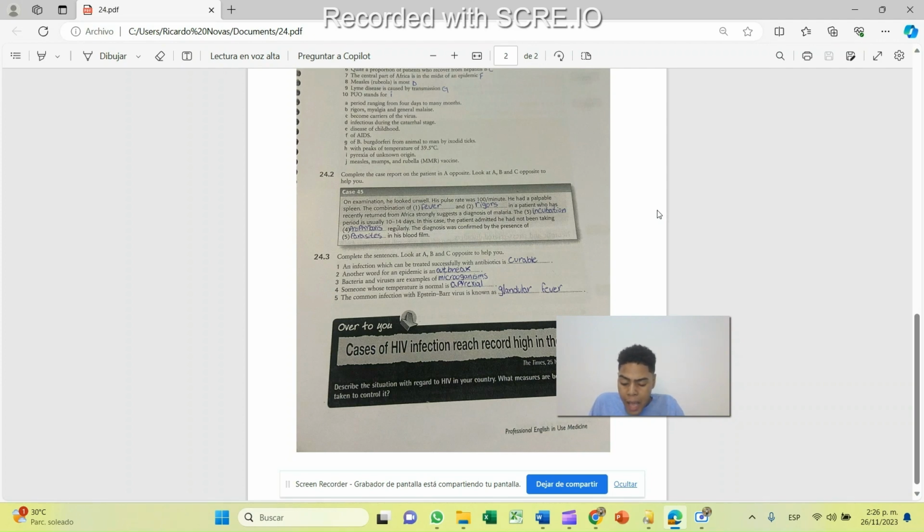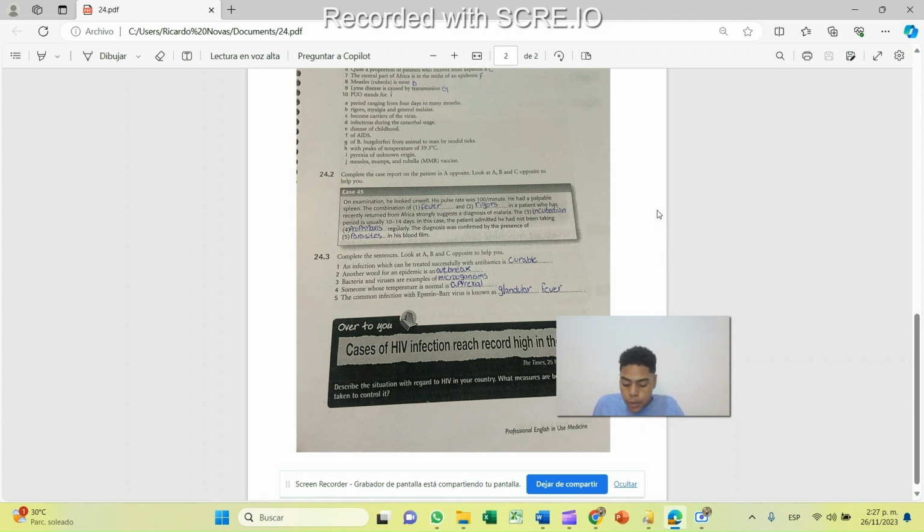He had a palpable spleen. The combination of fever and rigor in a patient who has recently returned from Africa strongly suggests a diagnosis of malaria.